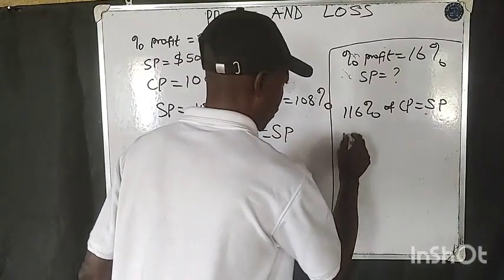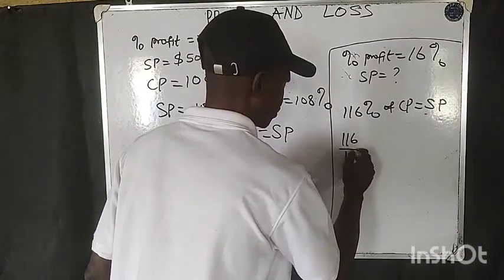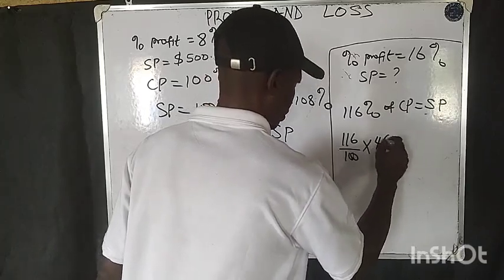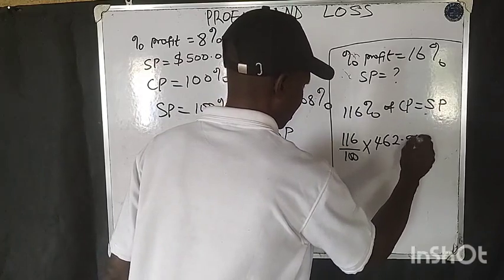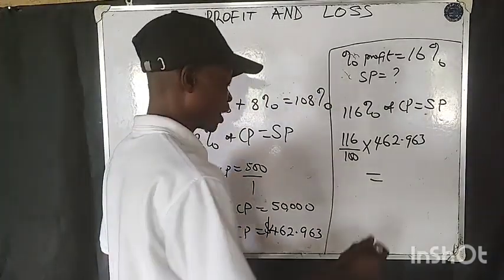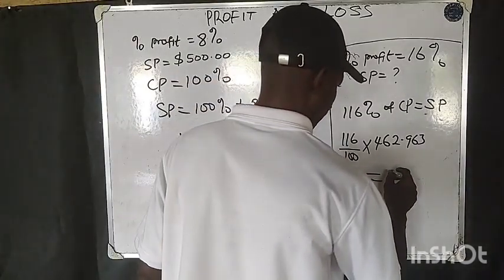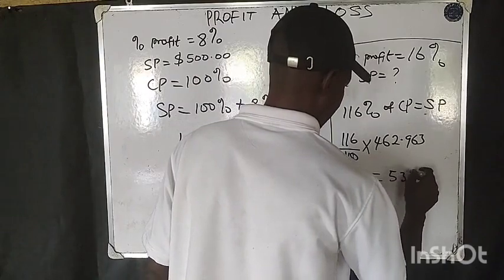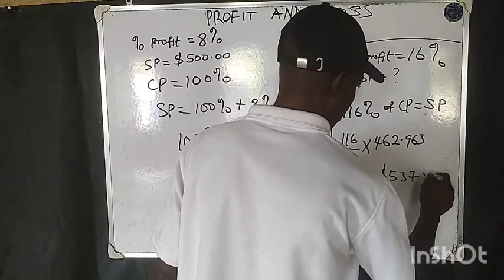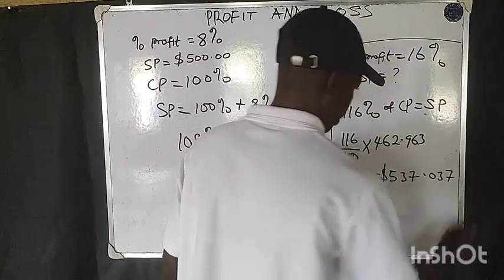So we write 116 over 100 times cost price, which is 462.963. So when you multiply that, what do you have? So the answer is 537.037 dollars, right?